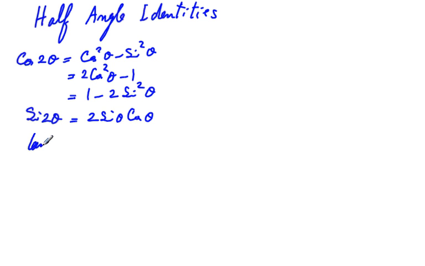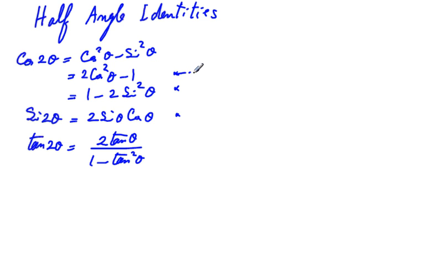And we had tangent of 2 theta, which was 2 tangent of theta over 1 minus tangent square of theta. Now half angle identities are kind of maneuvered or extracted out of this one, and in some indirect way out of that. Let's see how that goes.